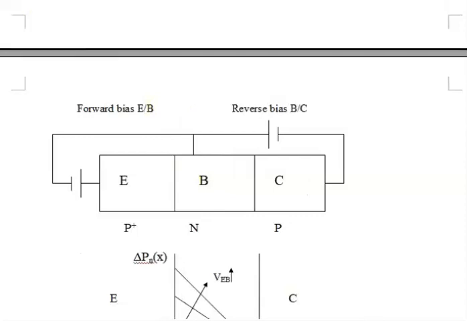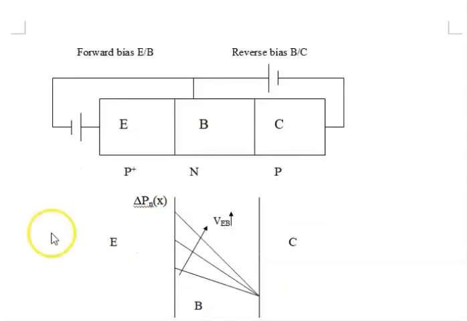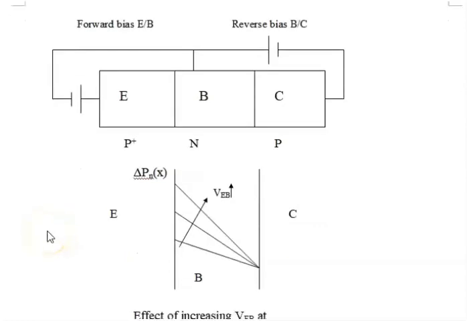Before we show the curves, let's look at a schematic diagram. This diagram should be relatively straightforward and hopefully not too strange. This is a PNP, so we put a positive bias at the emitter, and what we're looking at here is the excess hole distribution at the junction right here as a function of forward bias.